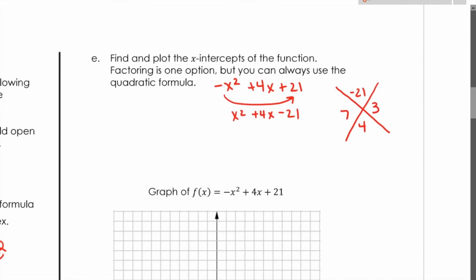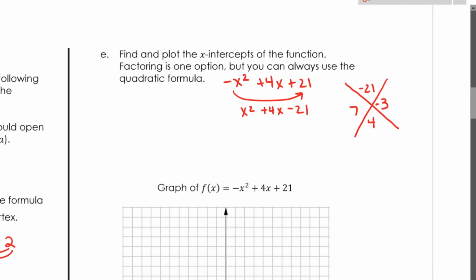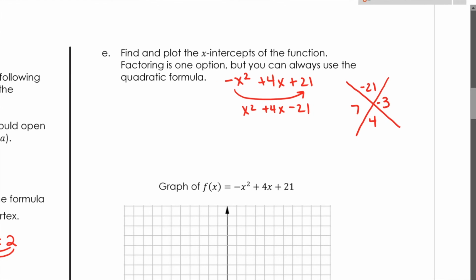The only thing is, this number is positive, that number is negative, so the bigger number has to be positive. So 7 minus 3 gives you the 4. Remember, I take the opposite. So I write this as x plus 7, x minus 3. The only thing is, there was that negative in the front, so I need to bring that negative back.